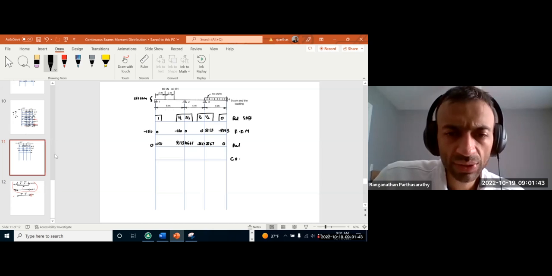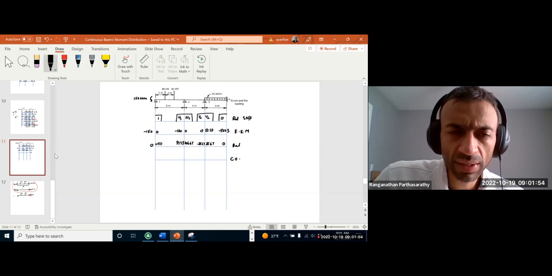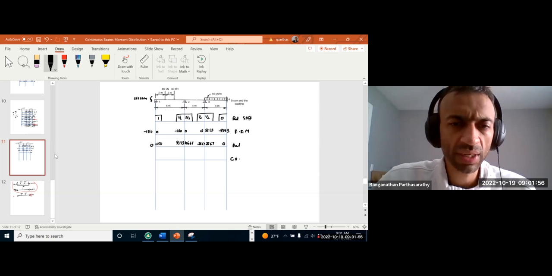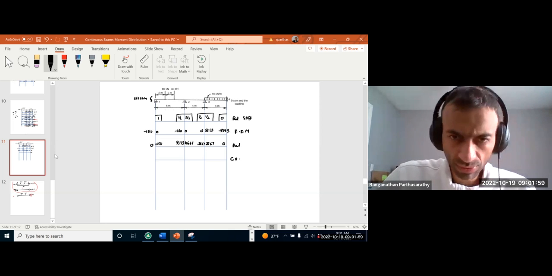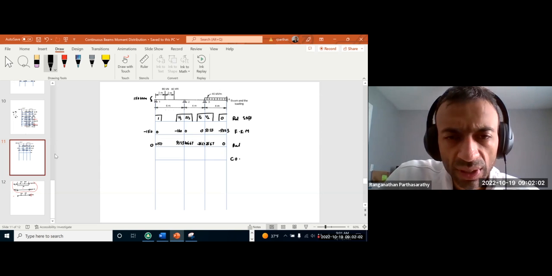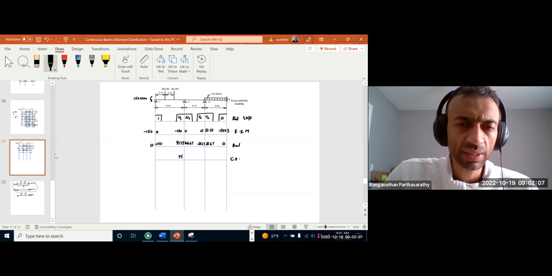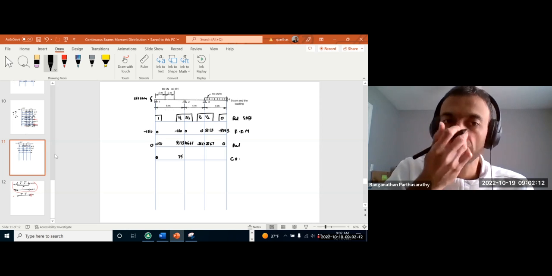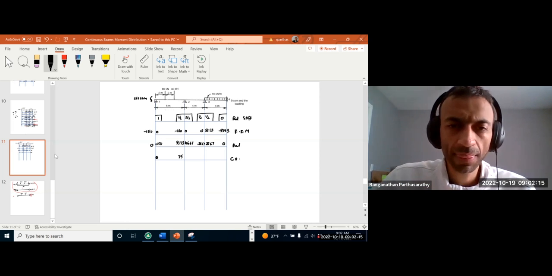So let's do the carryover now. We have positive 150 here. So half of that will get carried over, so positive 75 will get carried over. Here, nothing will get carried over, it's pinned. Here, half of 106 will get carried over.